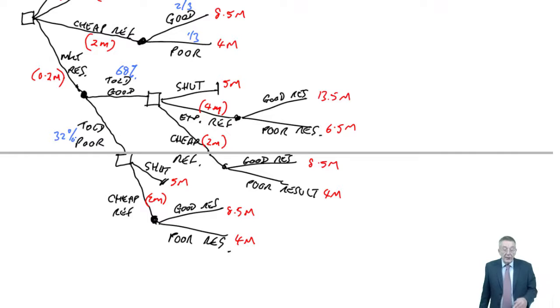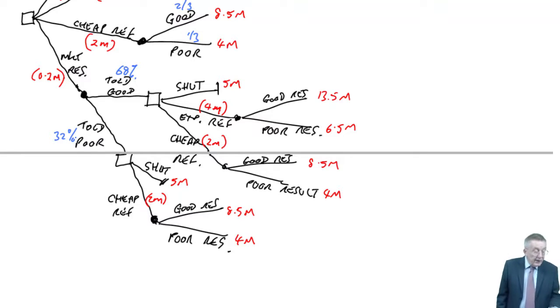But we're not finished yet. Suppose they tell us it's good. They tell us it's good, but here it says it cannot be guaranteed to be accurate. So if we do carry on and decide to refurbish, they may have been correct and it's good, or they may be wrong and it's poor. Well, it says if the research indicates a good result, then the probability of the actual result being good is 91%.